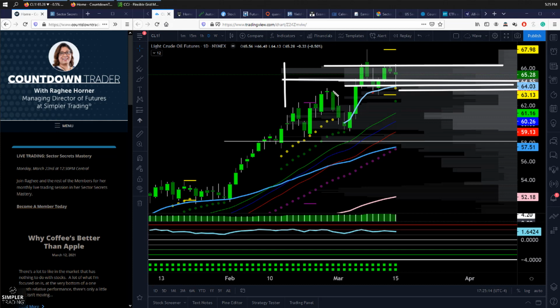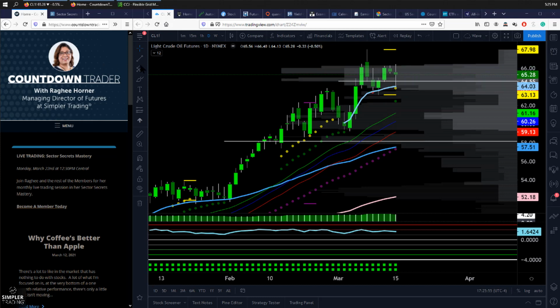So it's this particular zone that would be interesting for the long position, but it's this particular zone that represents where we'll likely be able to accelerate to the upside if we can take out this level just above 66.